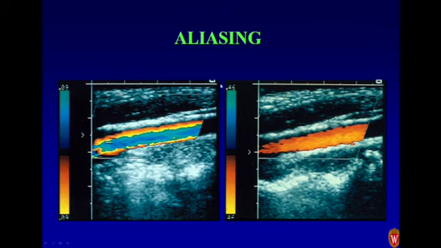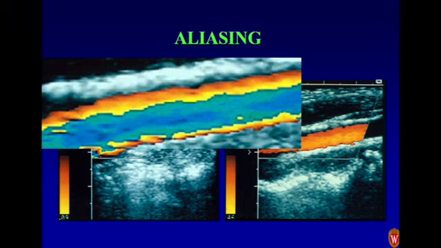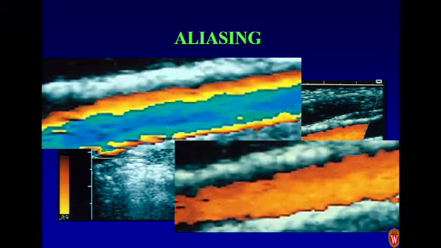Okay. Take your pulse repetition frequency up, and we get rid of the aliasing. But there's a little trade-off here. Take a look at the wall of these vessels. Look at this one versus this one. Okay? So when I have the pulse repetition frequency set low, I get a better appearance of the interface between the flowing blood and the vessel wall.